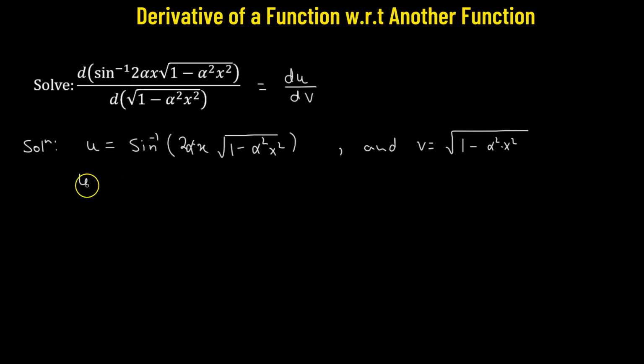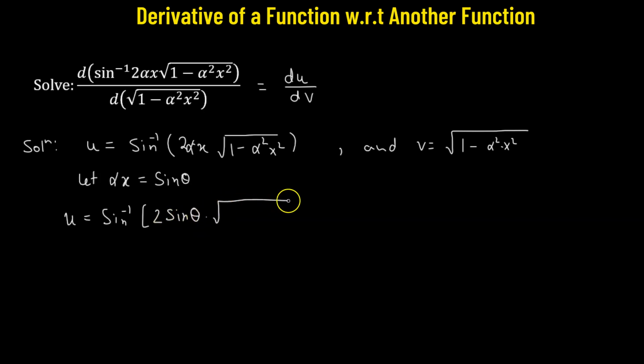Alpha times x equals sine theta, which gives us u equals sine inverse of 2 times sine theta multiplied by square root of 1 minus sine squared theta, which simply equals cosine of theta.